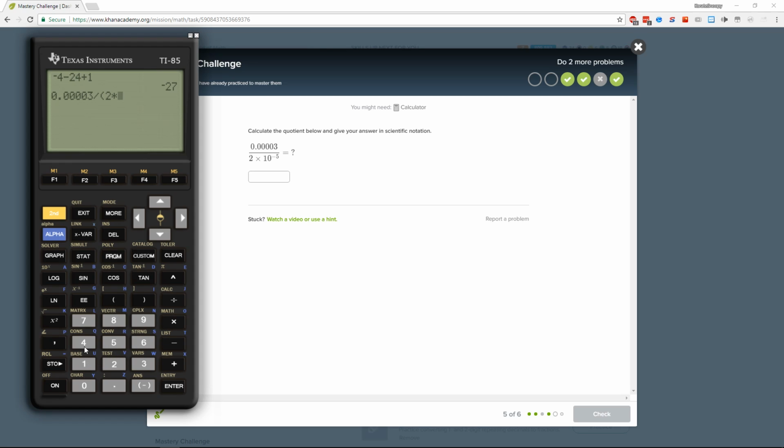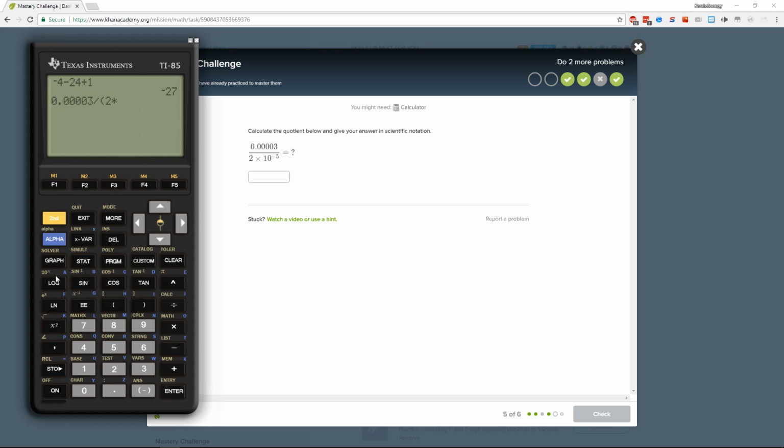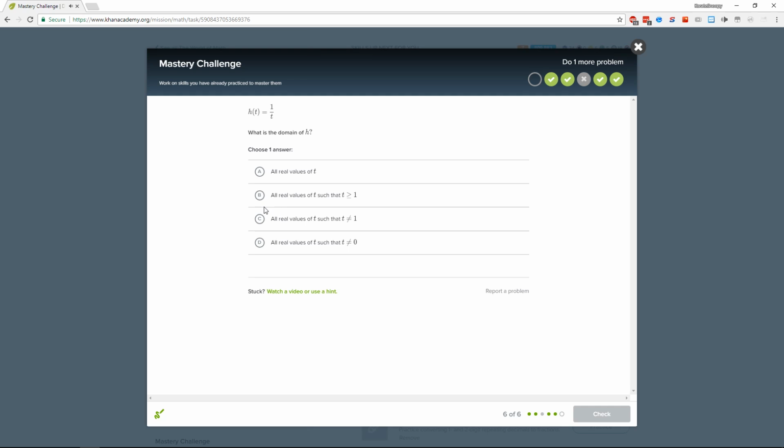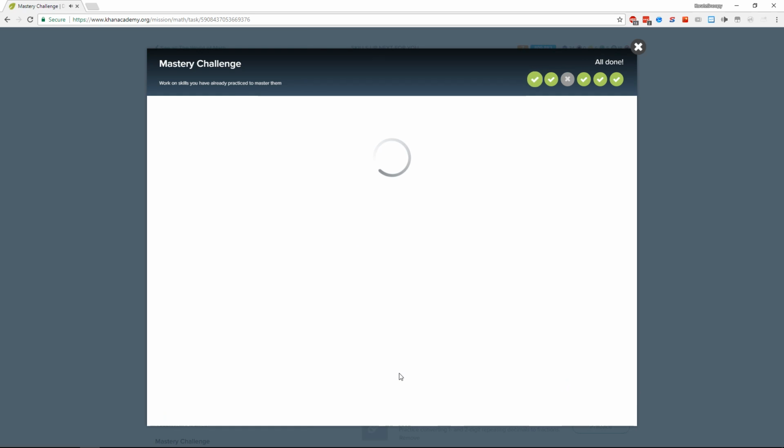Times 10 to the negative 5. 1.5. I think it's not equal to 0.